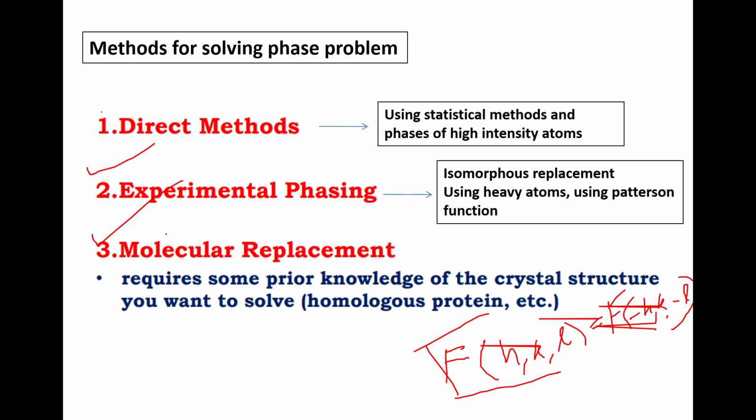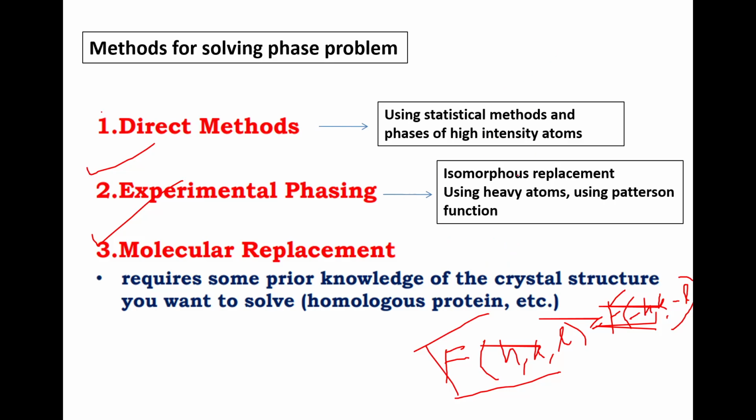Sometimes this anomalous diffraction process is also used for the calculation of phases, which is known as MAD, multiple anomalous dispersion. The isomorphous replacement is known as SIR, single isomorphous replacement, or MIR, multiple isomorphous replacement.